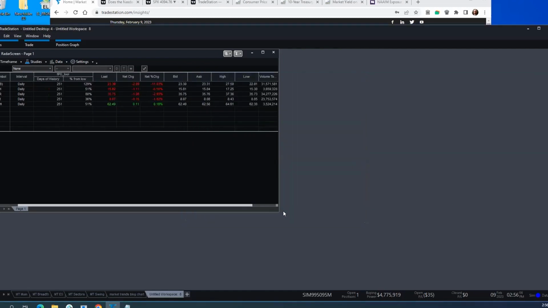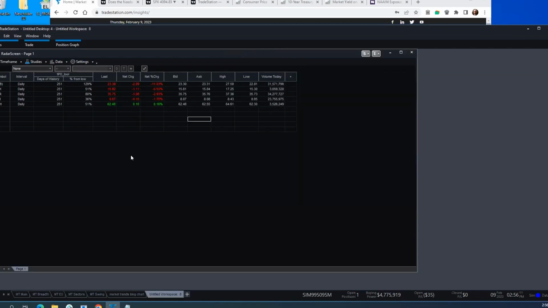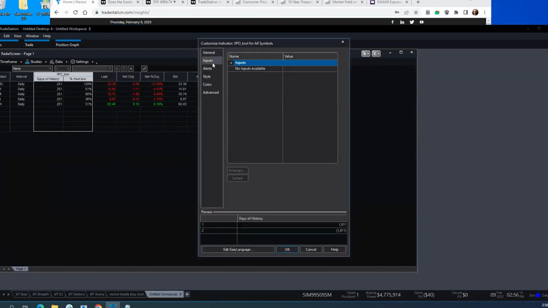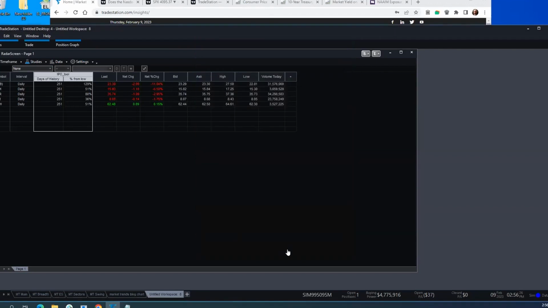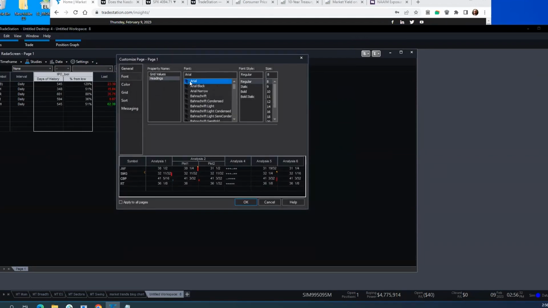Now we want to go to general and then additional bars to load. Let's change it to 600. I'm going to show you how this works. This is going to look for 600 bars of data, and look at this, Freshworks. Let's go very quickly to make this more visible.